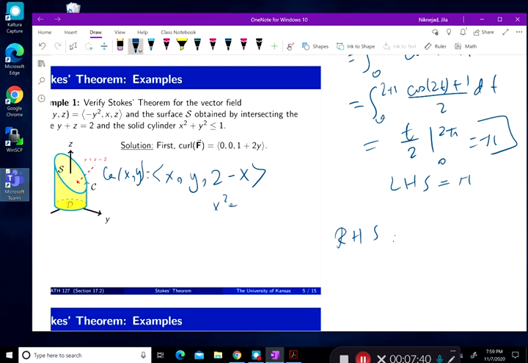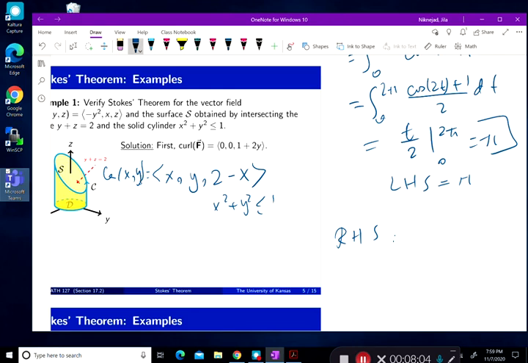What we know is x squared plus y squared is going to be less than or equal to 1. So that's the parameterization of the plane. The bounds for that parameterization, instead of x between 0 and 1 and y between 0 and 1, is x squared plus y squared less than or equal to 1.